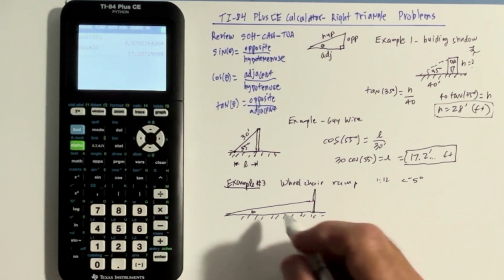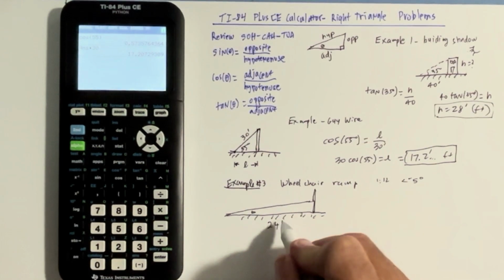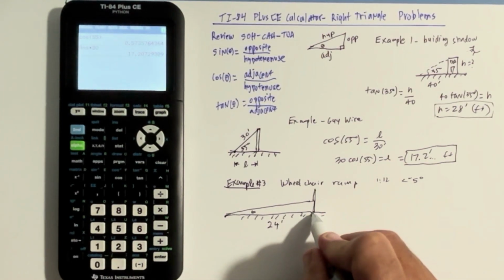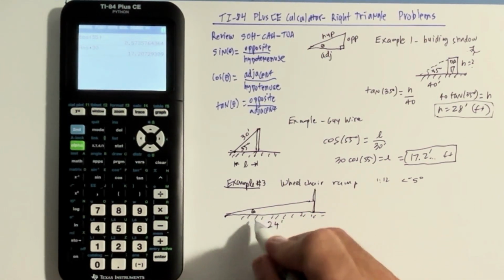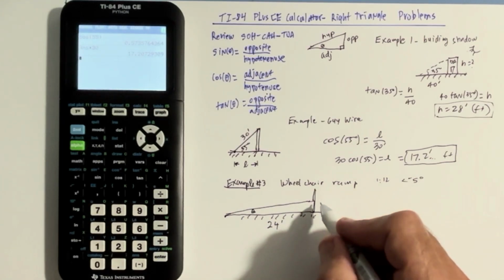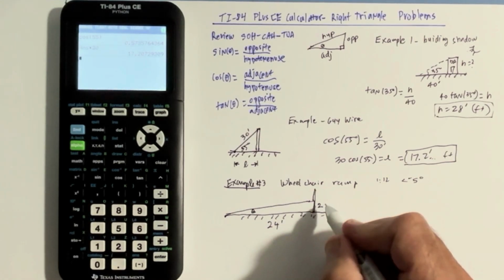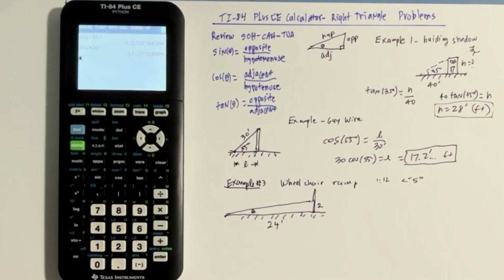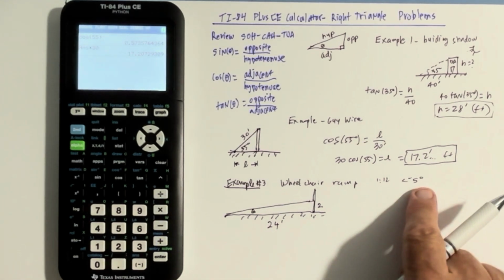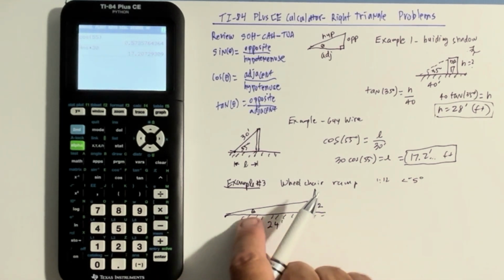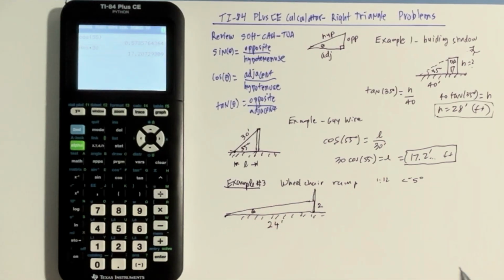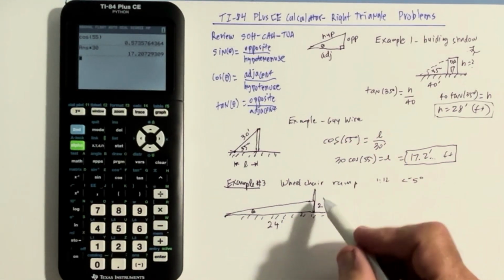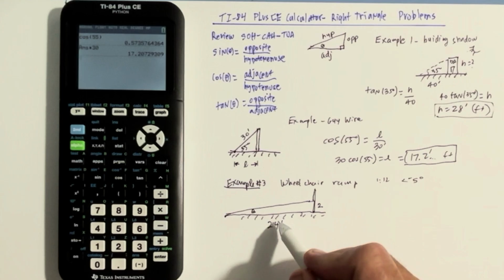What we know about this ramp is it's 24 feet from here to here. And there's our angle theta. We're trying to determine that. Then we know that the ramp is 2 feet high going up to the door. So is that going to be an angle less than 5 degrees? That's what we're trying to figure out. We know the opposite and we know the adjacent.